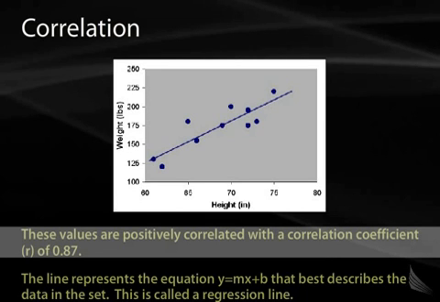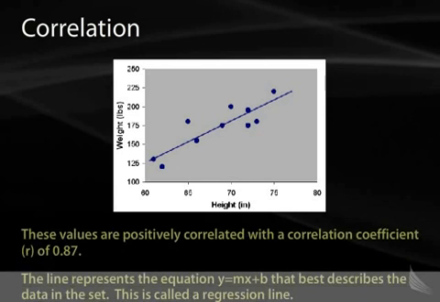Now, the other piece of information that can come out of this kind of relationship is a regression line. Now, one must be careful. In a regression line, it does matter which variable is plotted on the x-axis and which is plotted on the y-axis. The regression line is the line that's shown on top of the data in this graph.